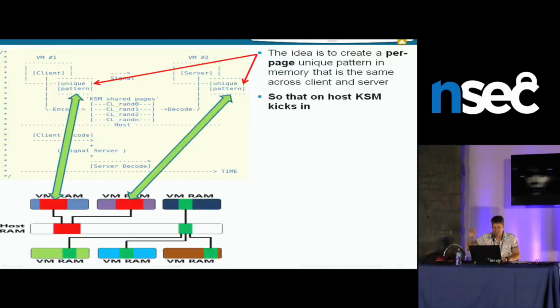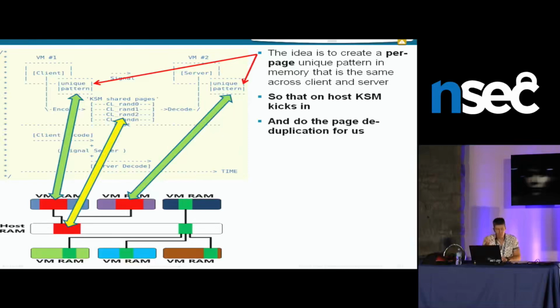The idea is that after some time, since KSM takes some time before it kicks in to do the merging, KSM will detect those pages and see, oh, those pages are the same. And so KSM will kick in and do the page deduplication for us. At the end of it, those pages are going to point to the same physical address on the host, and so the cache lines are shared.